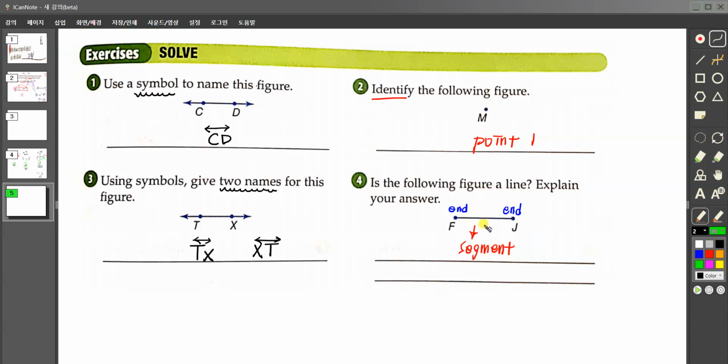If you want to make this segment into a line, what can we do? Draw this line further, making the segment into a line. Then it can be a line. Okay?